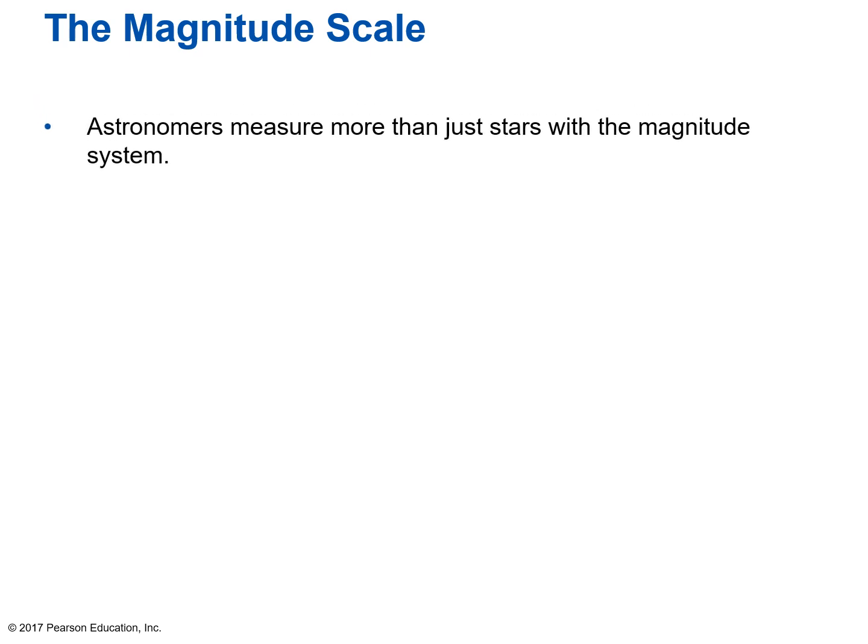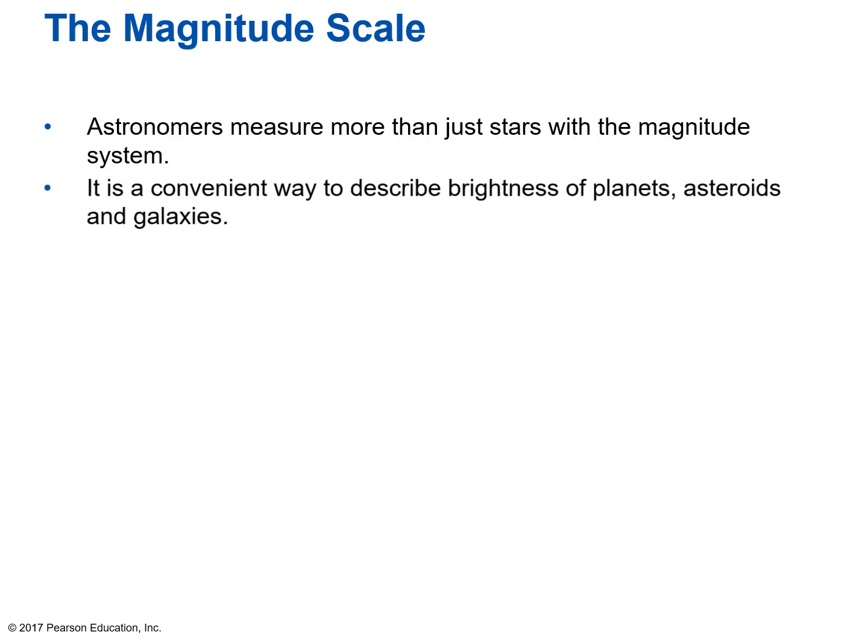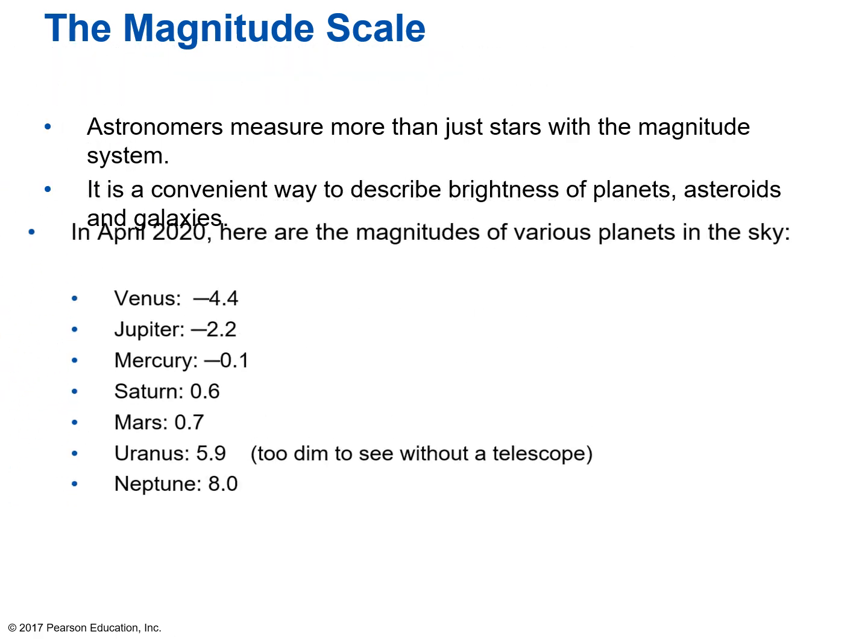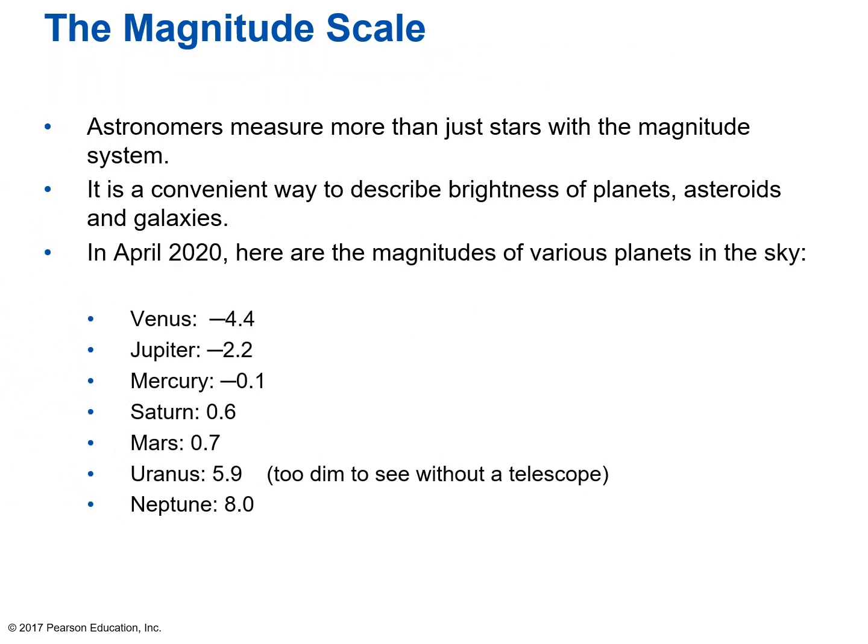Astronomers measure more than just stars with the magnitude system. It's a convenient way to describe the brightness of planets, asteroids, and galaxies. The apparent brightness of the planets changes month by month as different planets go around the solar system.